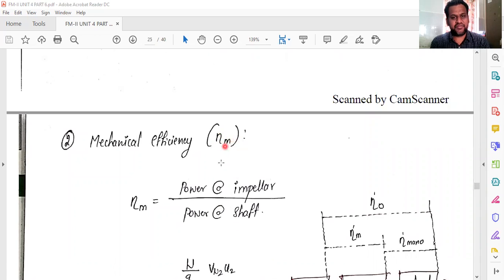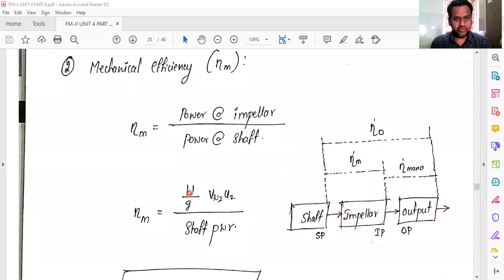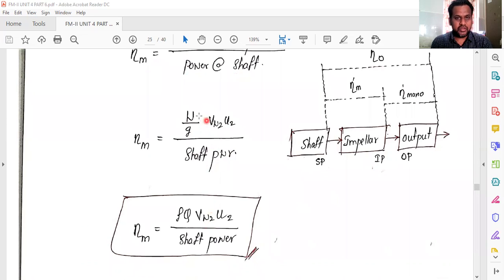See, mechanical efficiency is nothing but power at the impeller divided by power at the shaft. So what is the power at the impeller? Obviously, W divided by g into VW2 into U2, and the shaft power we need to calculate. W by g can be written as rho Q, correct?